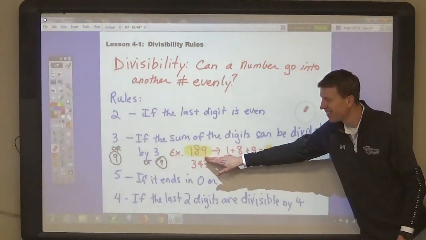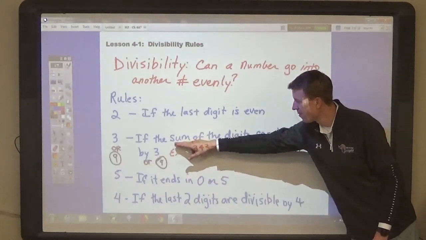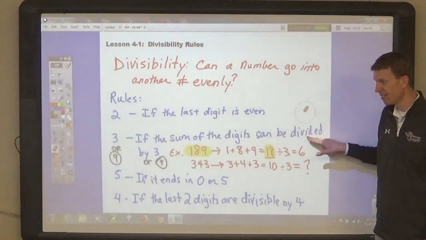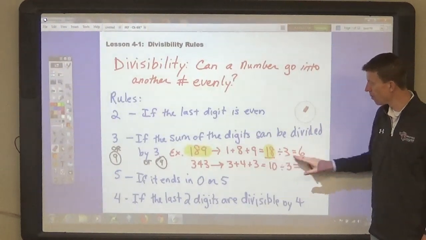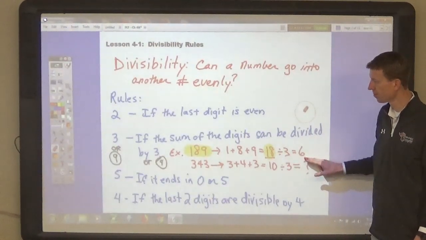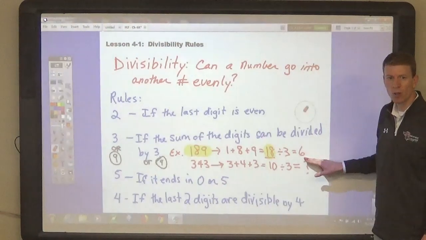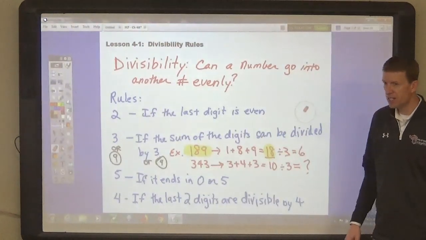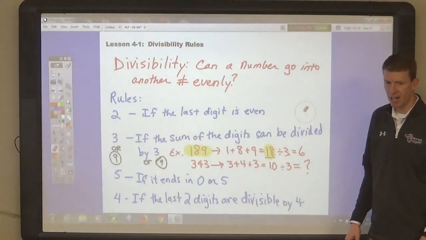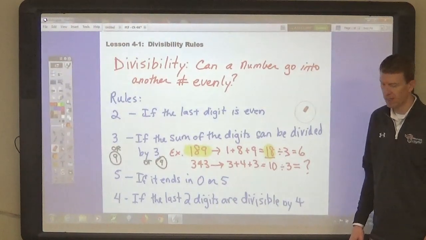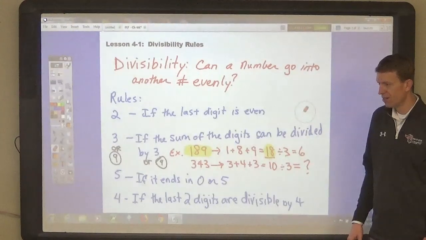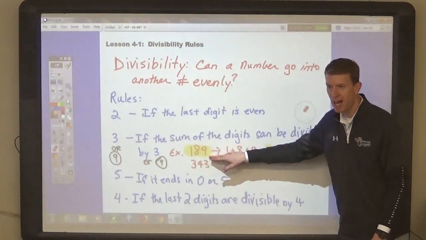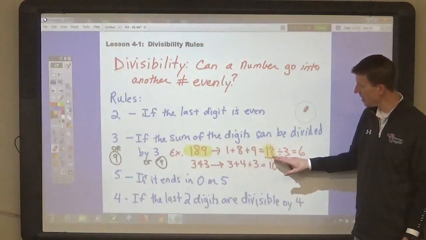The same rule applies to the number 9. If the sum of the digits is divisible by 9, then the number is divisible by 9. So, is 189 divisible by 9? Yes, because 18 is divisible by 9.